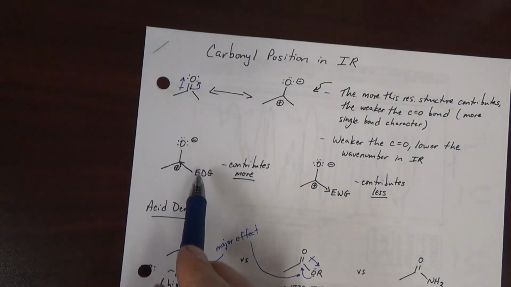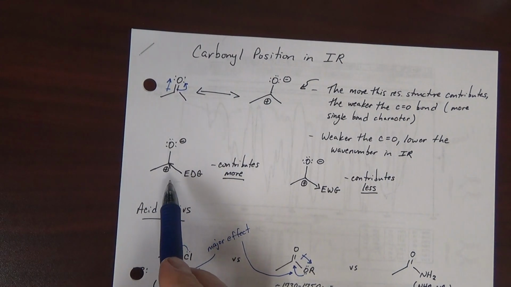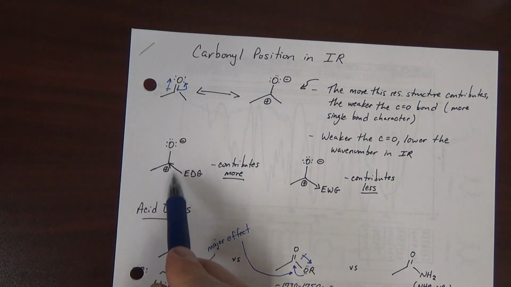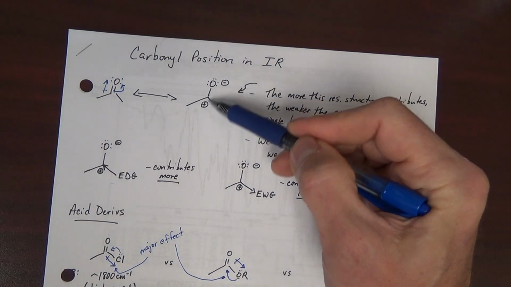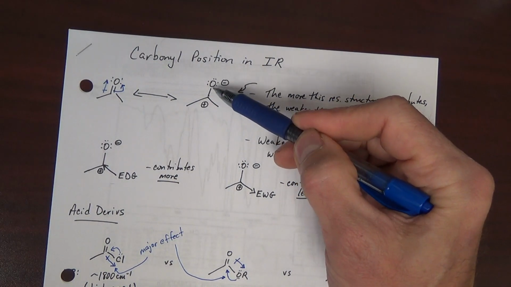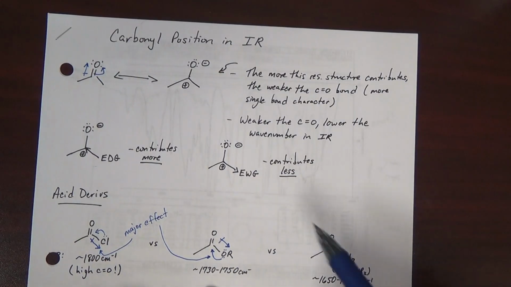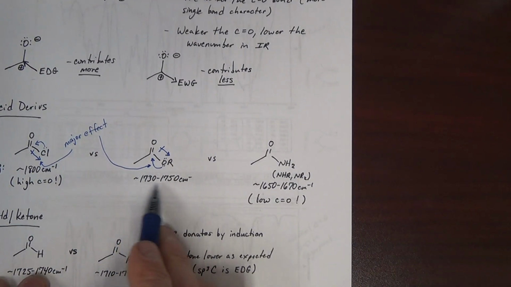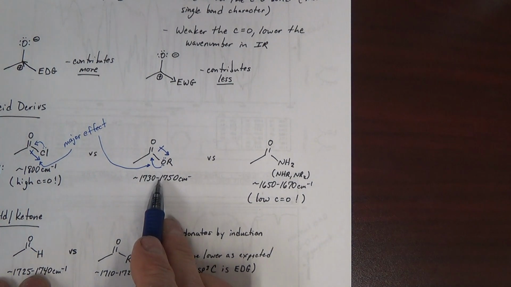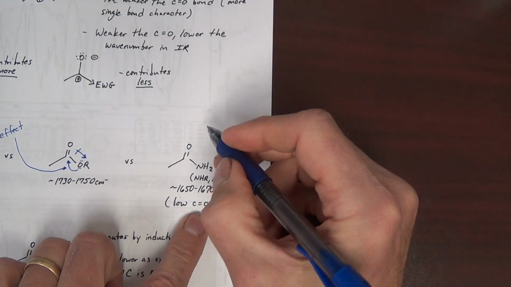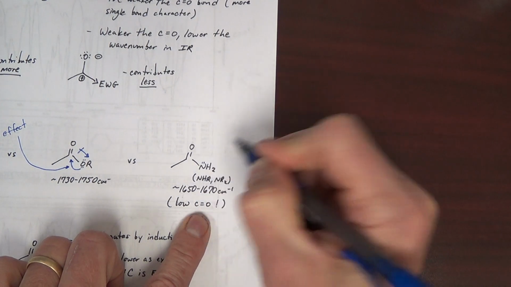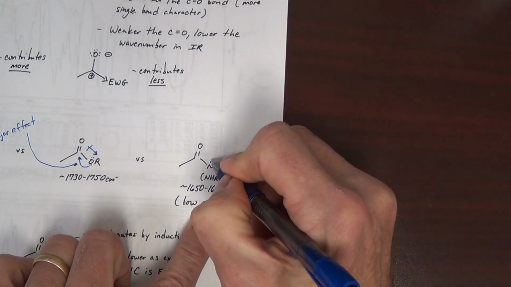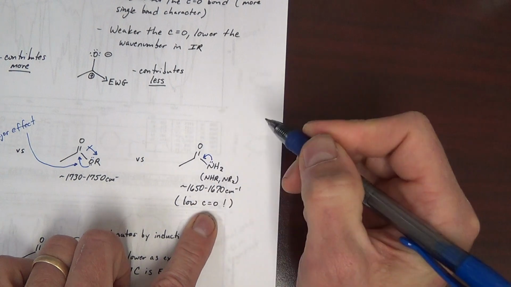So we have more of the donating, and it makes the single bond resonance structure contribute more to the actual resonance hybrid. This leads to a lowering of the wave number for the carbonyl stretch compared to the acid chloride. If we look at amides, which have nitrogen, nitrogen donates even more.